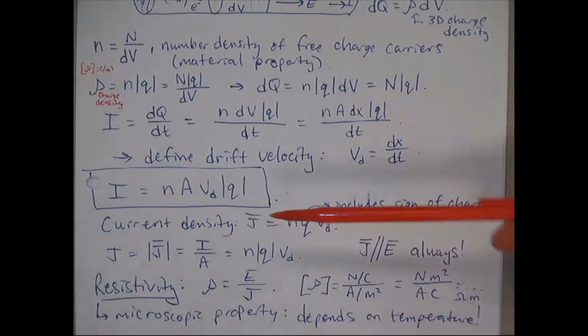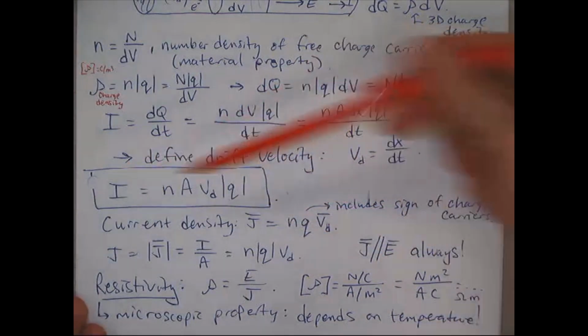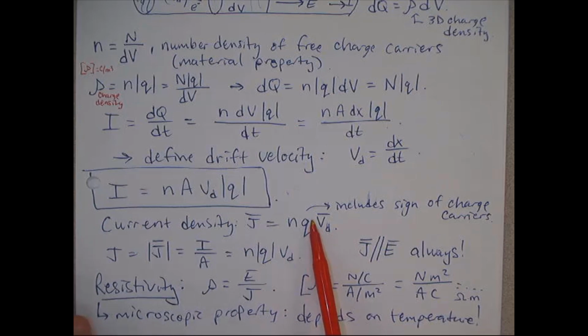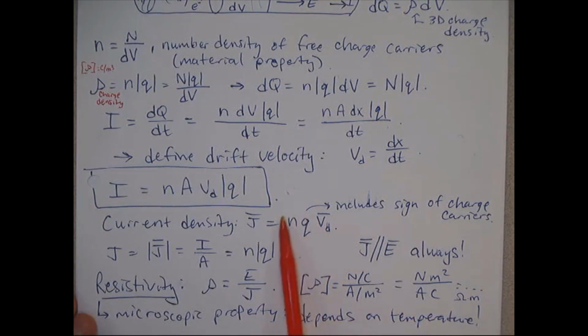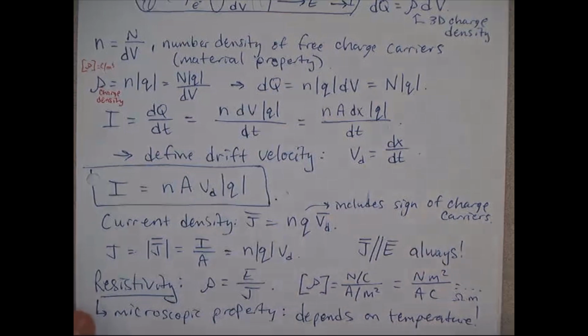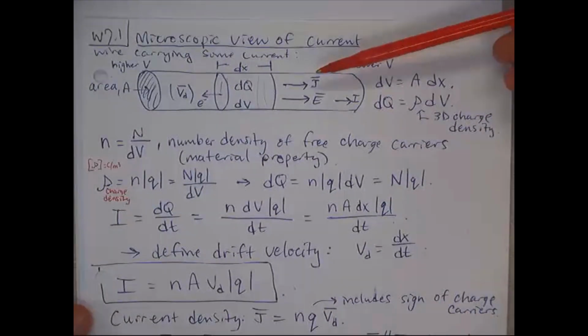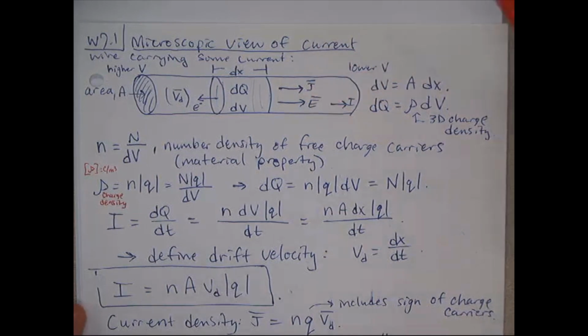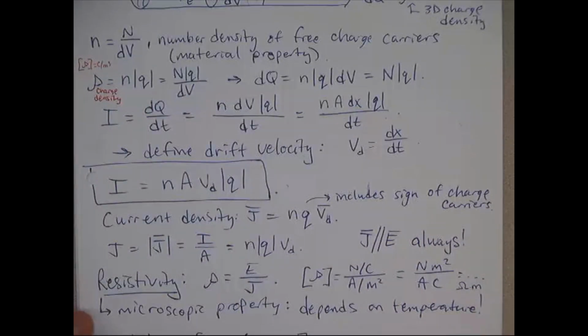Current density is a vector. We said current was not a vector. Current density is simply the number density times now the q of each charge carrier. This includes a sign, whereas previously we had only the magnitude, times the vector drift velocity. So you can see here, current density will always be parallel to the electric field in your circuit.